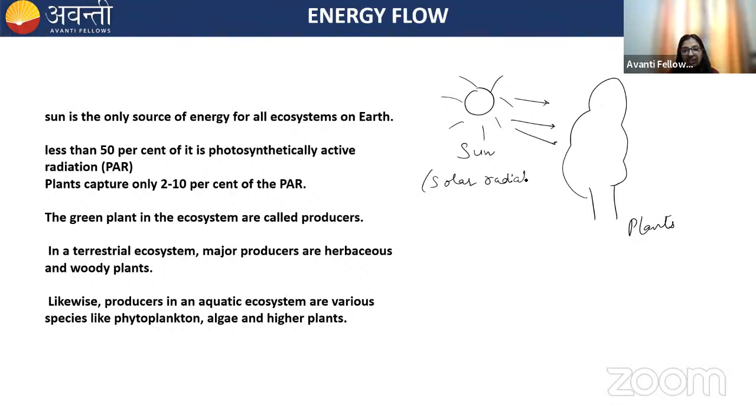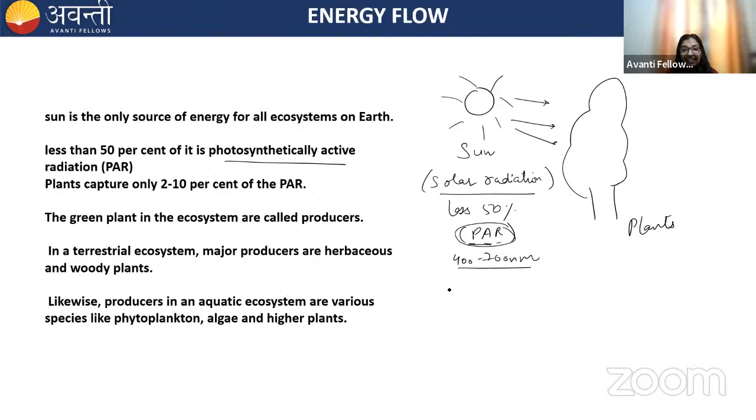Of the solar radiation coming from the sun, less than 50% constitutes the photosynthetically active radiation. This is 400 to 700 nanometer, the wavelength of visible light which is taken by the plant to perform photosynthesis.